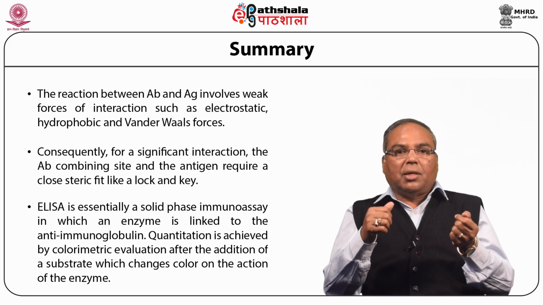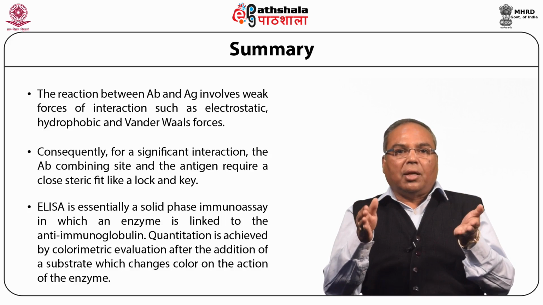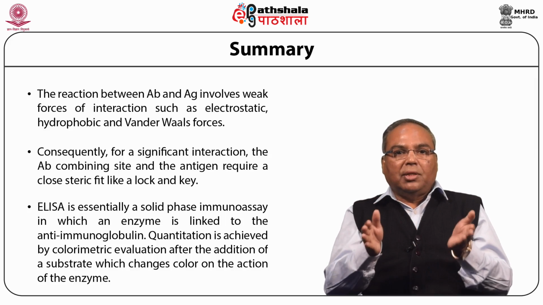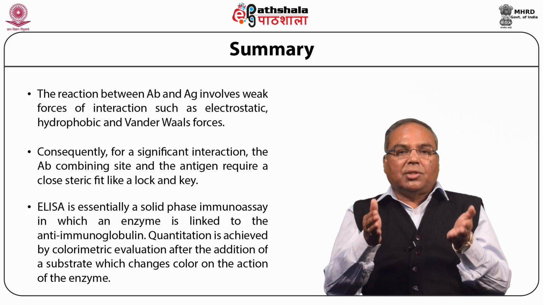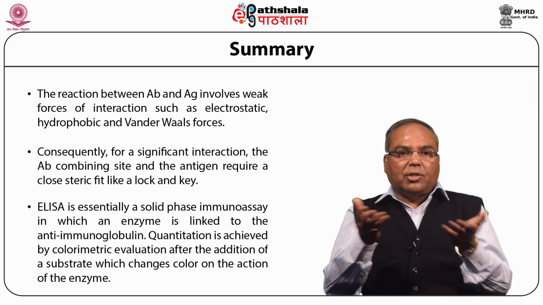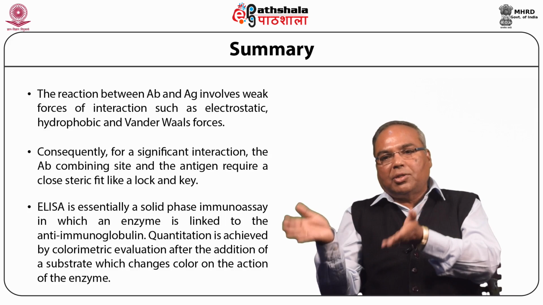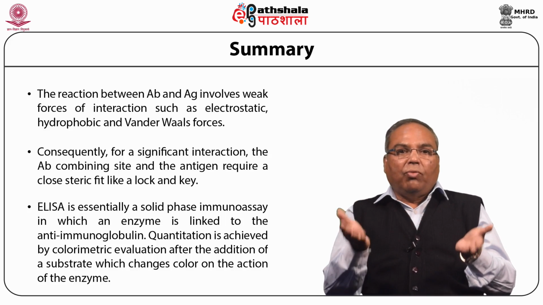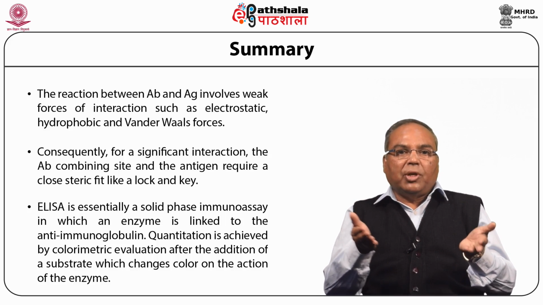Out of all these methods, ELISA is very popular. This is because this test can be done in a small laboratory, because you require only an ELISA plate and an ELISA reader, and if you have these two, one can do the ELISA much more easily.